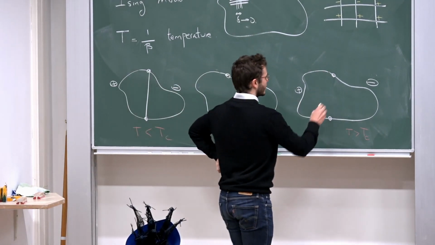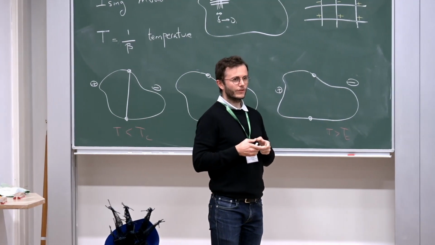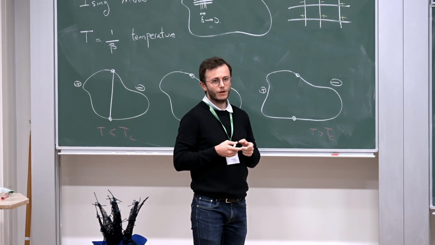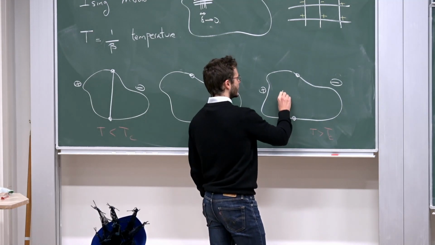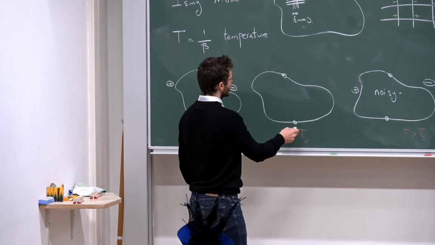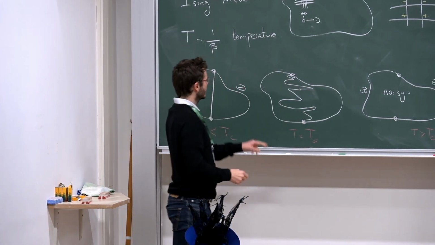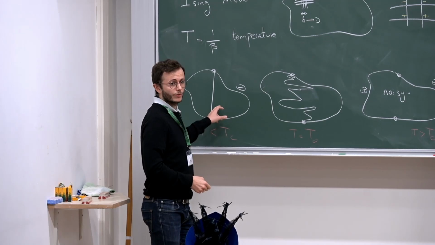Here in the middle, it's a mixture, where each cluster of plus and minus spins is quite small, so it's noisy if you want. And at the critical temperature, we have a nice random interface that is not deterministic compared to this case here.